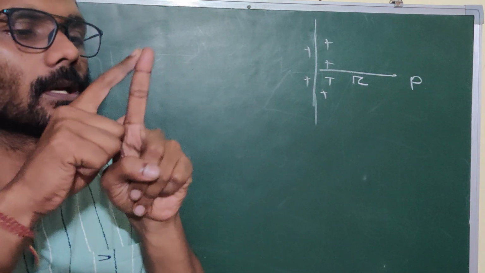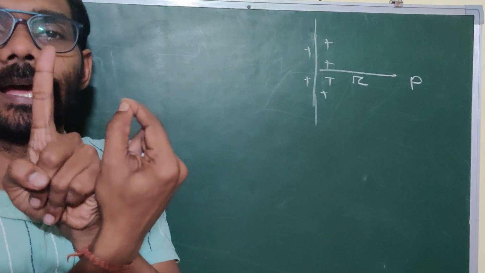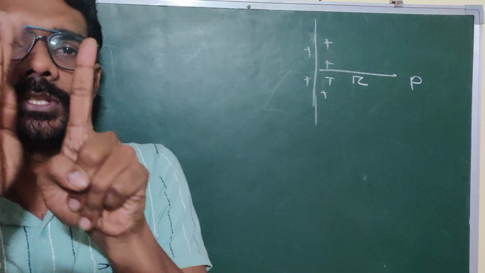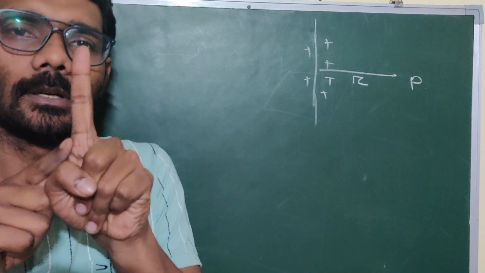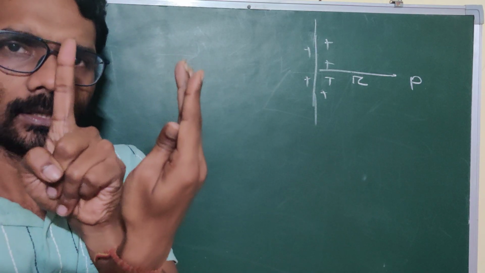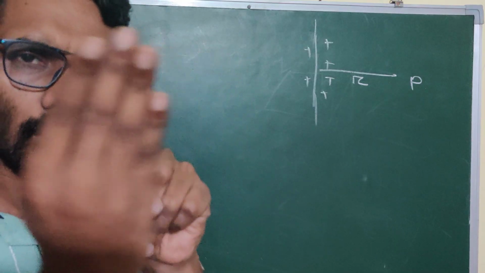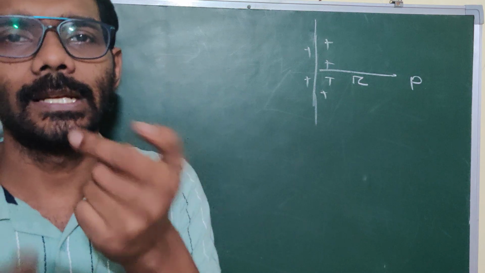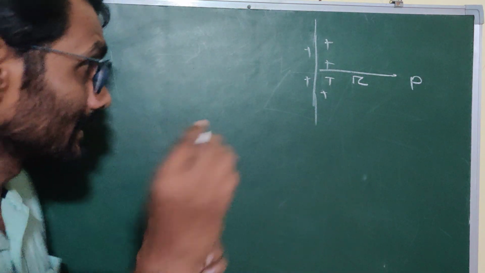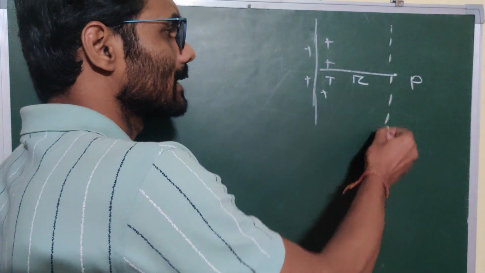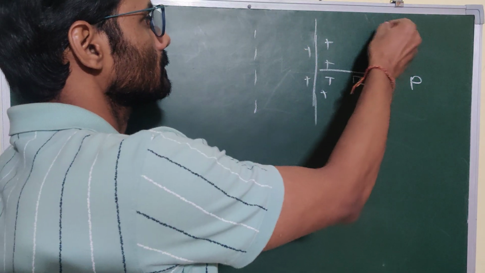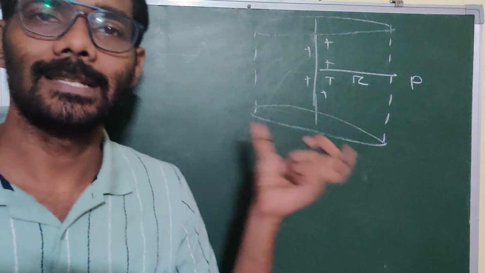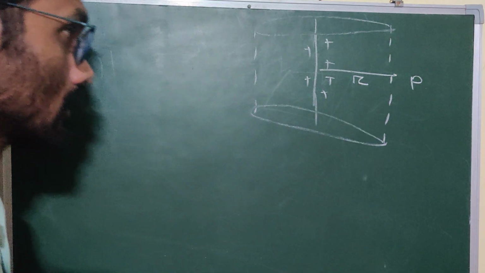Suppose a charged wire is there, and at this point I want to find the electric field. So cover the charge. This is a linear charge distribution, so to enclose this distributed charge, we need a cylinder. So the Gaussian surface in this case is a cylinder.